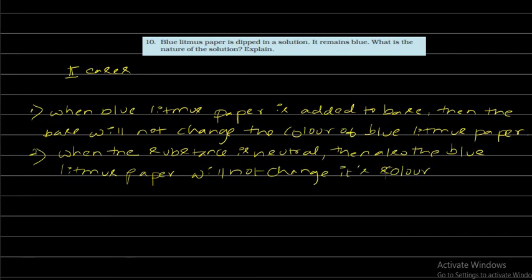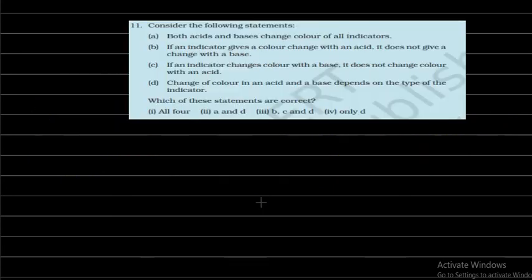So in that case also we will take both base as well as neutral solution. In both these cases you will see the blue litmus to be blue litmus only. It will not change its color. Okay. And we have to see the next question.